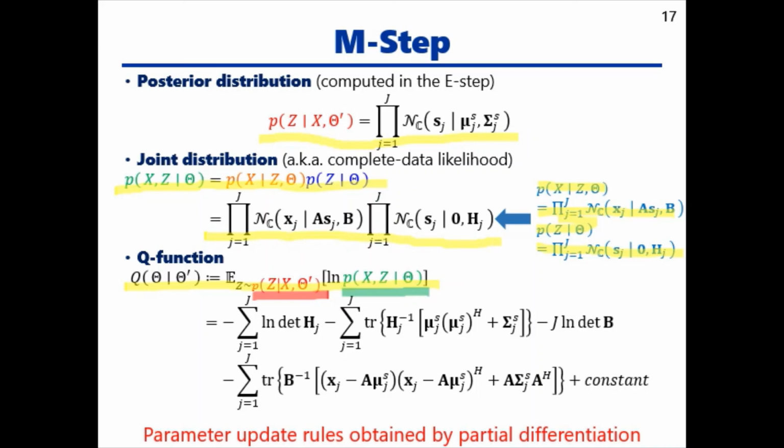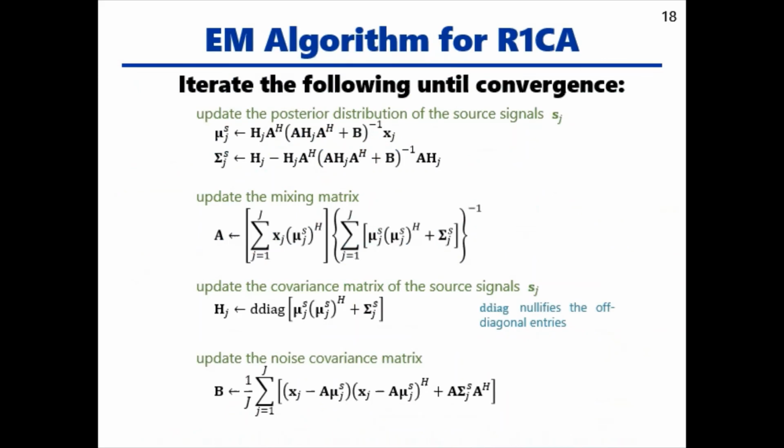Therefore, although we omit the details, the Q function becomes as in this equation. By partial differentiation of this Q function, we obtain parameter update rules in the M step. This slide shows the pseudocode of the resulting EM algorithm.